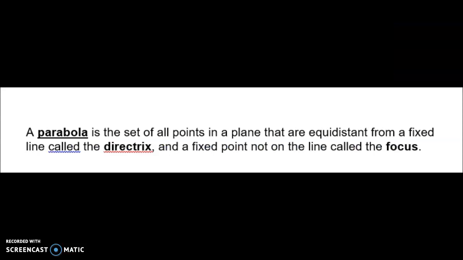Here is the definition of a parabola. A parabola is the set of all points in a plane that are equidistant from a fixed line called the directrix, and a fixed point not on the line called the focus. Go ahead and pause this video and write this definition down.